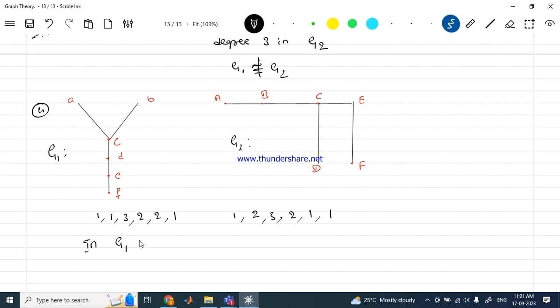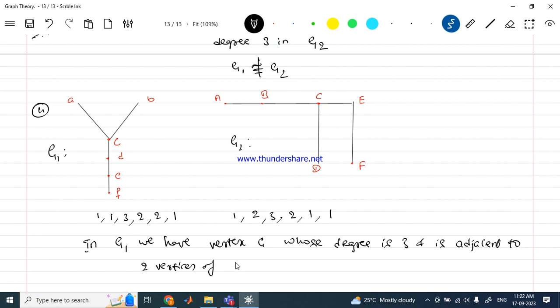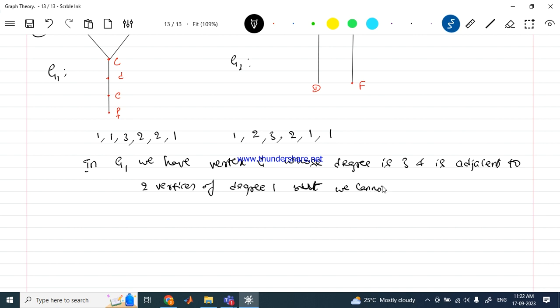In G1, we have vertex C, whose degree is 3 and is adjacent to two vertices of degree 1, but we cannot find a vertex with the same information in G2. This one reason is enough.